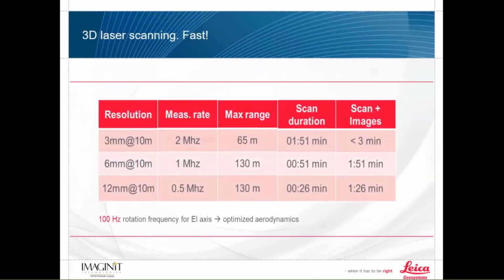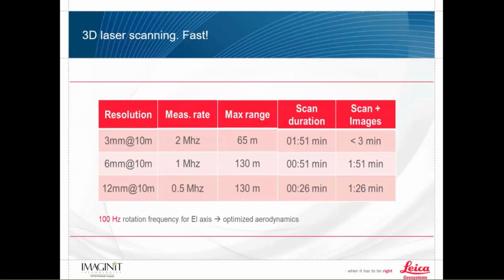So looking at the different resolutions of the RTC scanner, we have 3 millimeter, 6 millimeter, 12 millimeter, basically 1/8 inch, 1/4 inch, 1/2 inch. Those are actual run times with the scan and images. If you figure 1 minute and 51 seconds just scanning, that is no photographs.